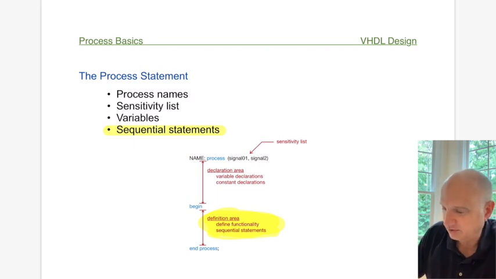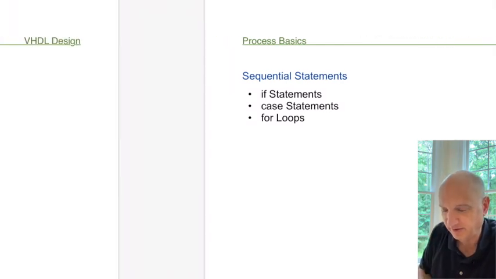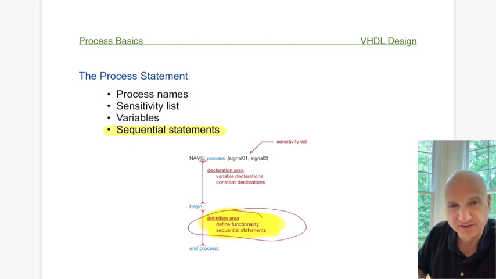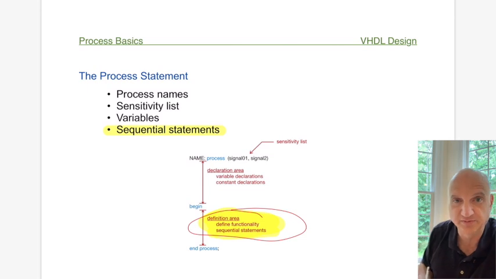All right, let's go ahead and look at the next part. We've talked about the fact that we have sequential statements that can be used inside our process, but the interesting thing is they're different statements than you can use outside a process. So only inside a process, or as we'll find later, functions and procedures, can you use these types of statements.